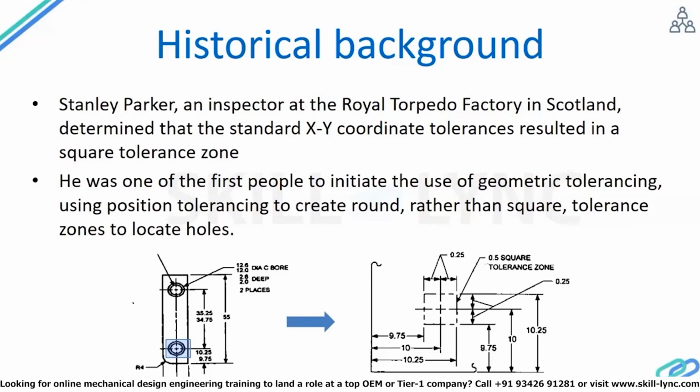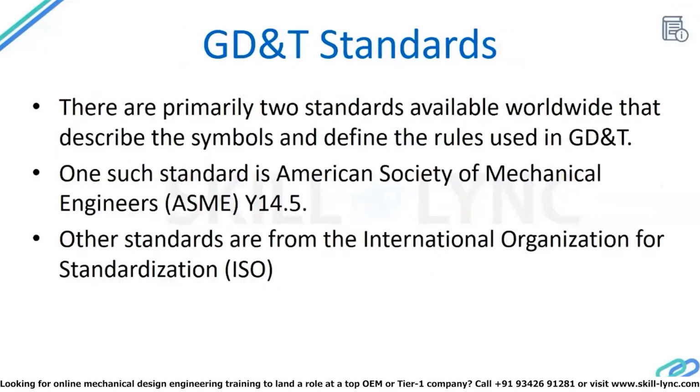And to achieve the design intent of all these geometries, there were numerous methods across the world. And there came a time when the engineering world started to standardize all those geometric dimension tolerance methods.